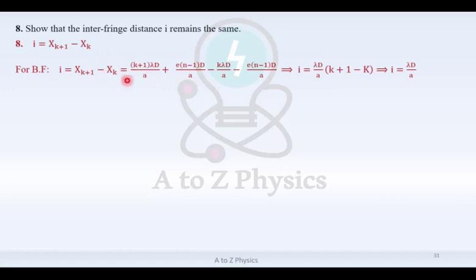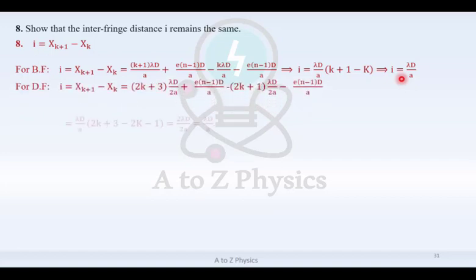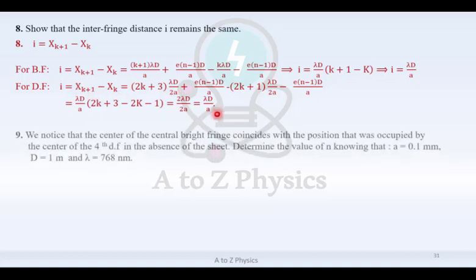So x of k plus 1 equals (k plus 1) lambda d over a plus e(n minus 1) d over a, minus x of k, which is equal to k lambda d over a plus e(n minus 1) d over a, implies i equals lambda d over a times (k plus 1 minus k), implies i equals lambda d over a, the same, so i remains the same. Same method for the dark fringe, we also obtain i equal to lambda d over a.